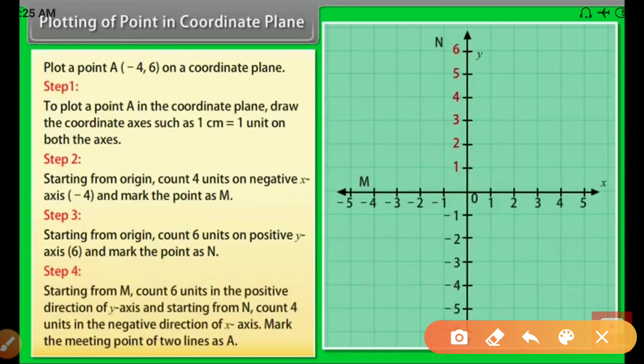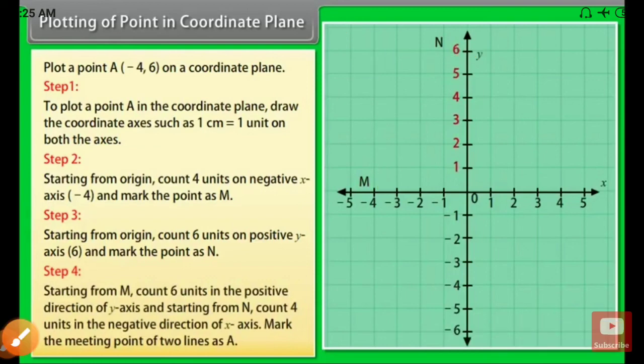One thing I forgot to draw: you will draw a line here like this and this, and this will be your point A, and you will write the coordinates here. It means the coordinate will be (-4, 6).